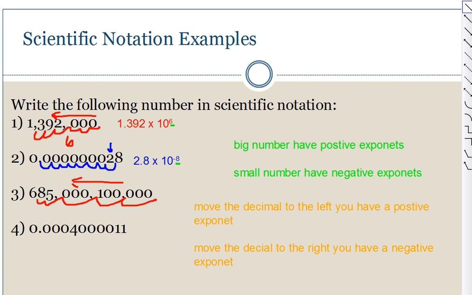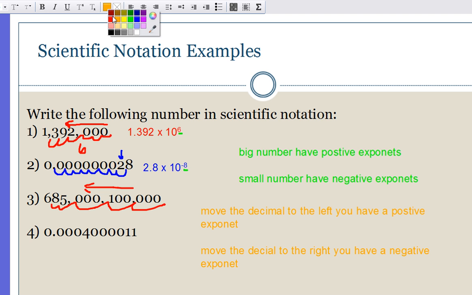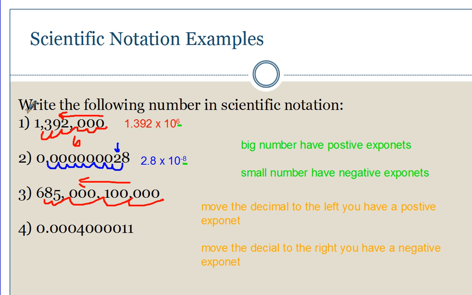Now, what we have to be careful of is we got rid of these zeros up here. Alright? We got rid of these zeros up here, we got rid of these zeros. Now what happens is I have to keep all the numbers that are not zeros.